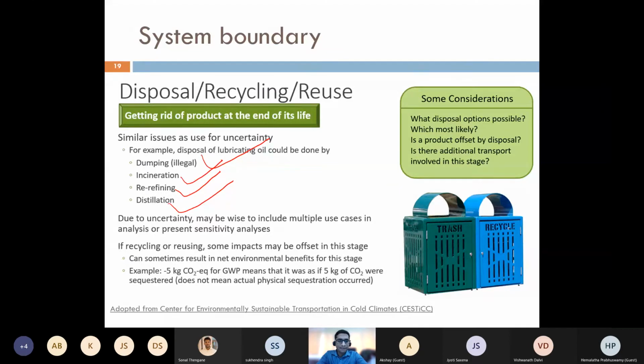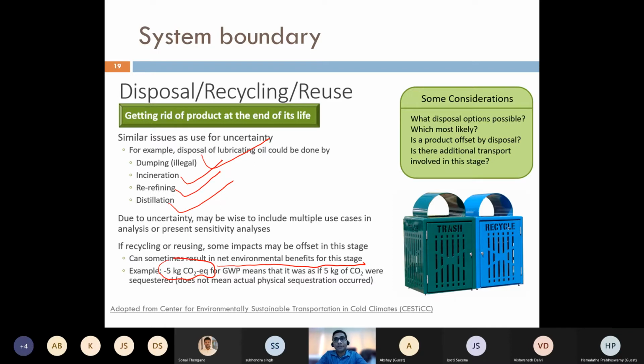And an important thing to consider here is that sometimes you might come across net environmental benefits which are negative, say -5 kg CO2 equivalent of GWP. Does that mean you have sequestered the CO2 from the atmosphere? Not really. Say you have a biomass product and you have recycled it. If you hadn't recycled it, it would have caused 5 kg of CO2 equivalent emissions.